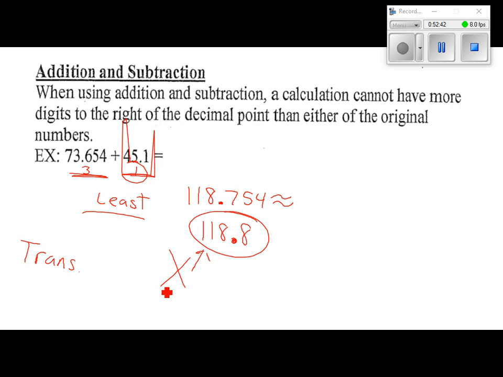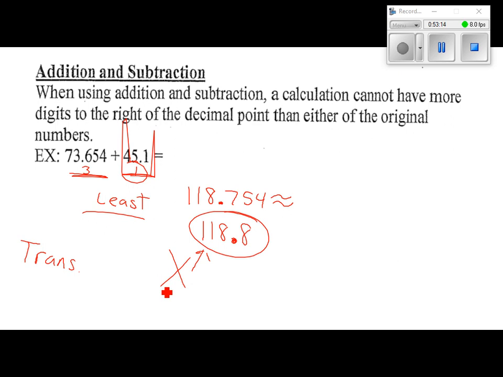And I tell them, if you don't know how many places are behind the decimal in money by the time you're in high school, I feel really, really sorry for you. I feel more sorry for your parents or whoever, because they're going to be taking care of you for a long, long time if you can't figure out that when you write money out, it's not $118.8. It would have to be a 0. So use common sense. This one wasn't dealing with money. They didn't tell us about money, so we just rounded off that way.